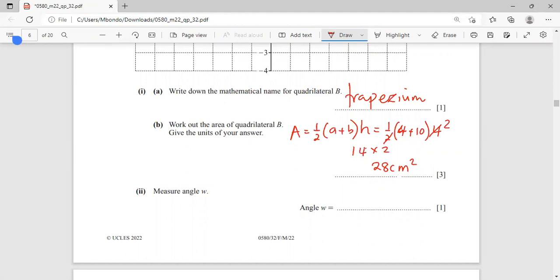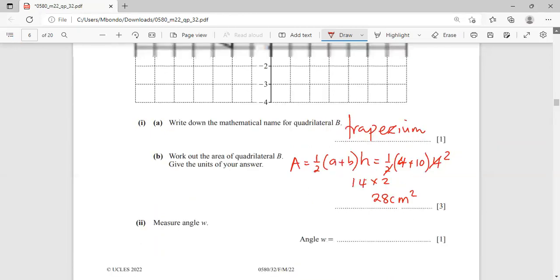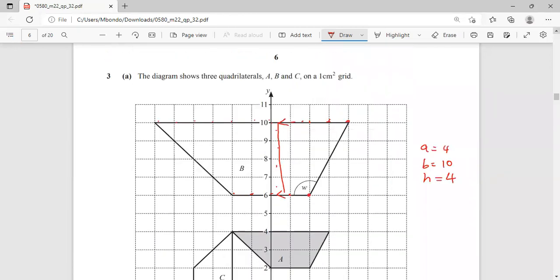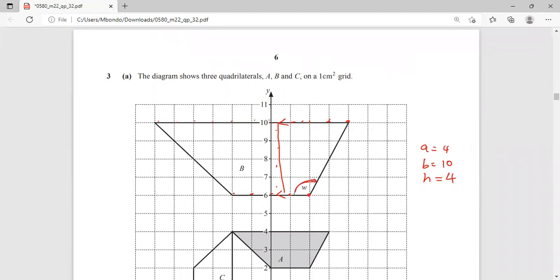Then measure the angle. Measure the angle W. I think this one is simple. For me, I didn't, because I'm doing it on a soft copy and I don't know how to demonstrate it. Anyway, this is very easy to measure, so you can measure this.